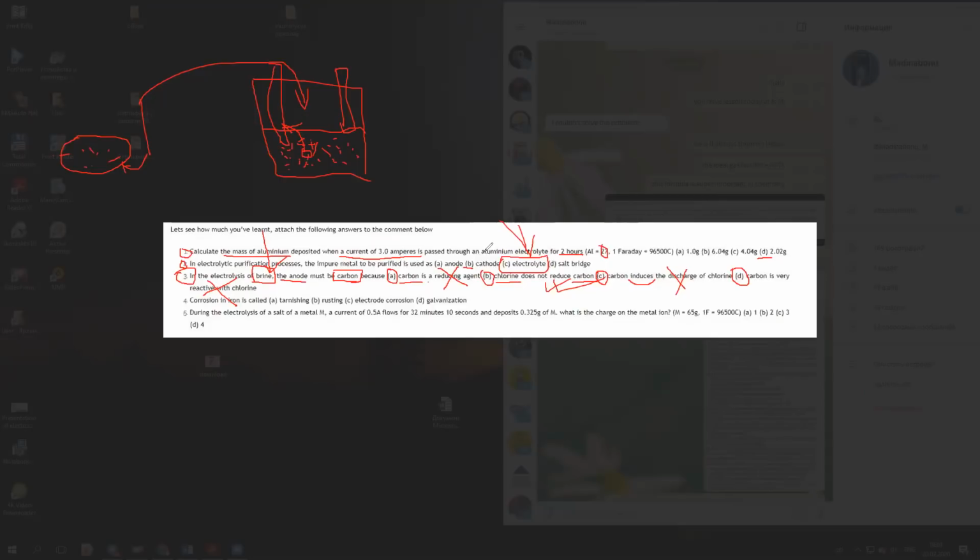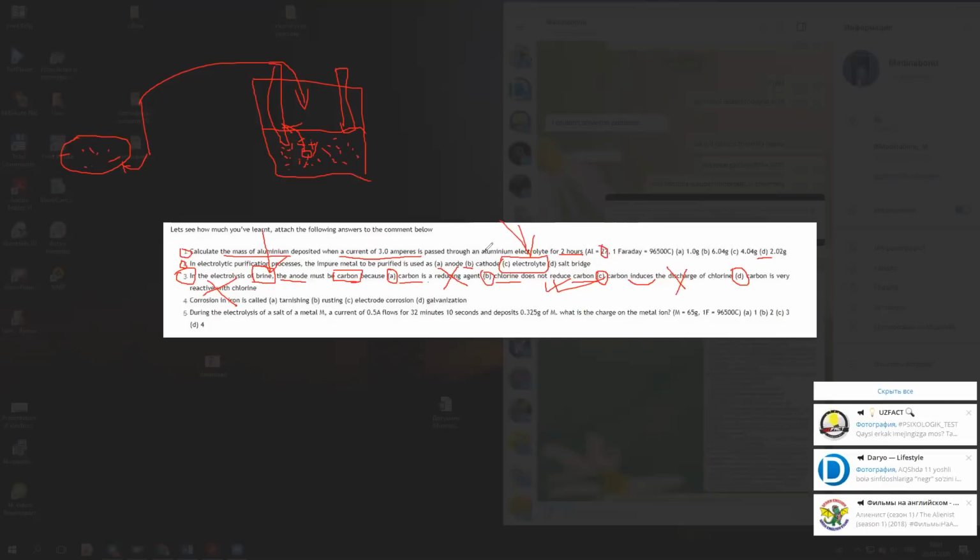Corrosion in iron is called what? Rusting. During the electrolysis of a salt of a metal, a current of 0.5 ampere flows for 32 minutes 10 seconds and deposits 0.325 grams of the metal.